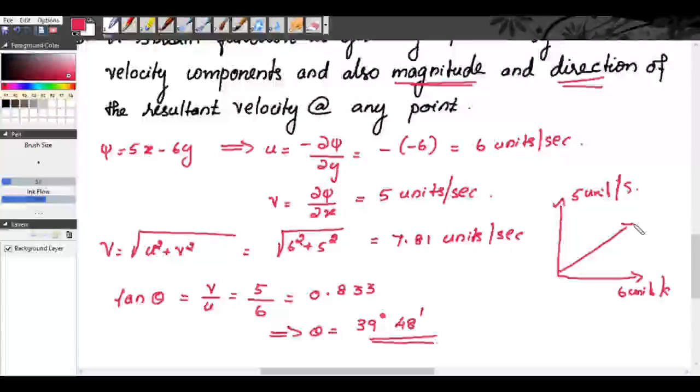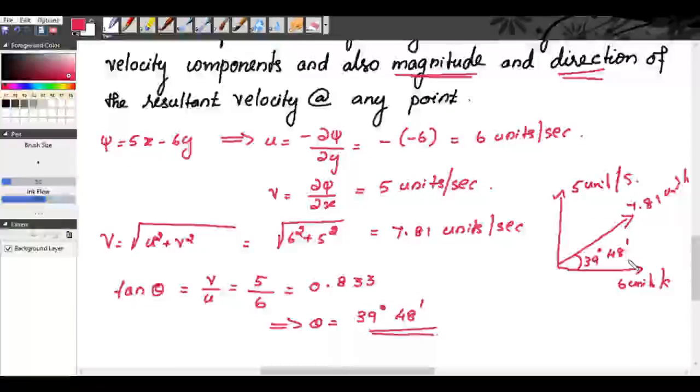And the resultant velocity v will be 7.81 units per second and theta will be equal to 39 degree 48 minutes. Okay. Now we will move on to the next problem.